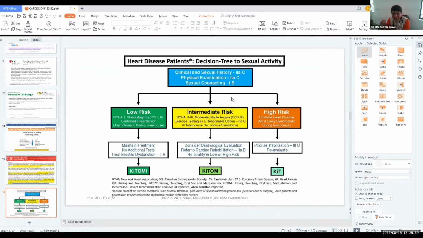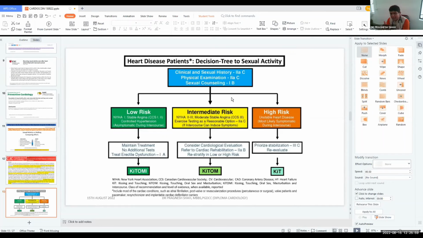KITO means kissing, touching, and oral sex. And KITA means kissing, touching, and all. These are the different activities a human being performs during sexual activity. So they said that low risk patients can participate in the full modules.